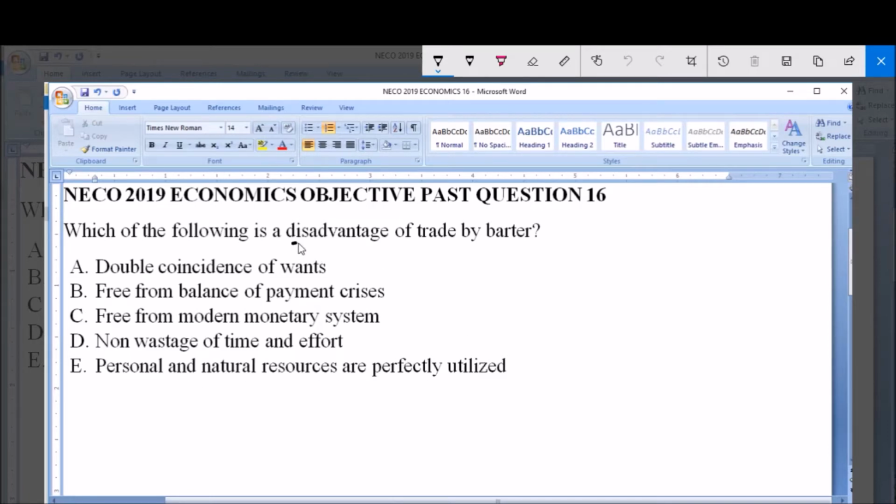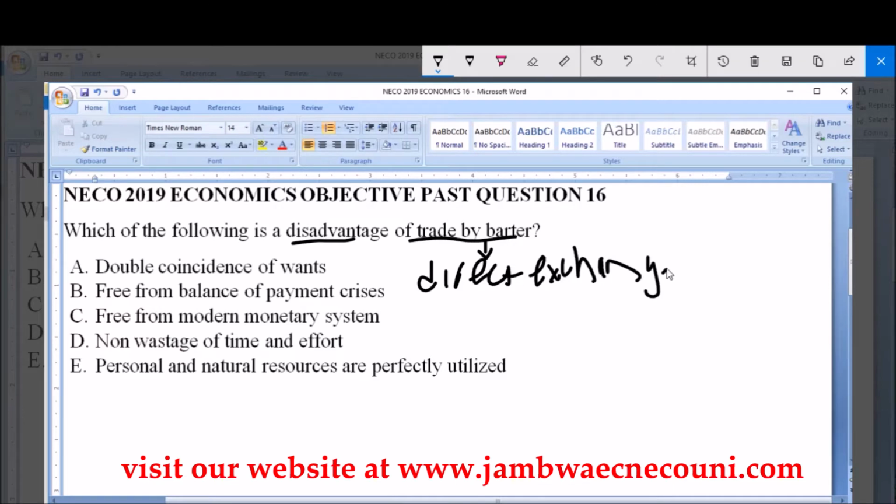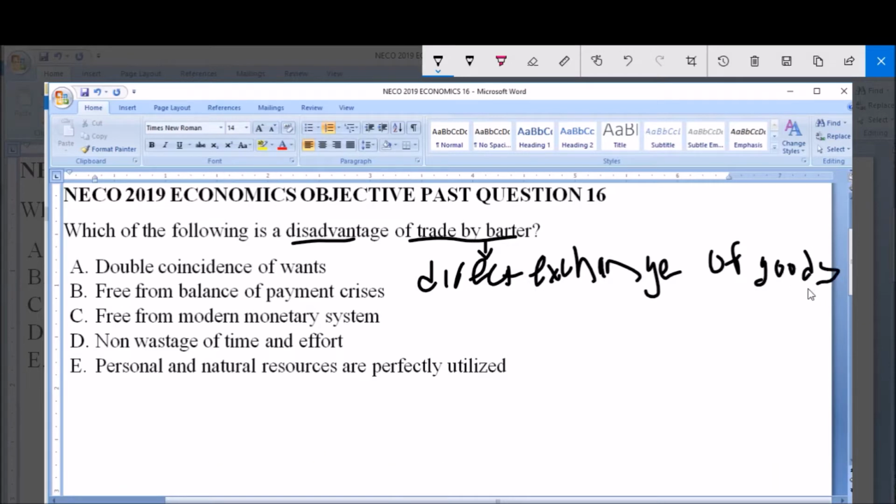So we are looking at the disadvantages of trade by barter, and the concept of trade by barter simply means direct exchange of goods without use of money.